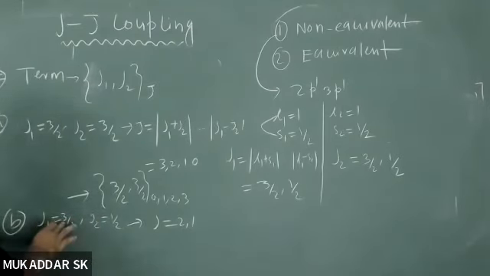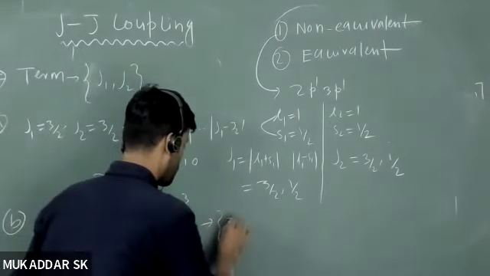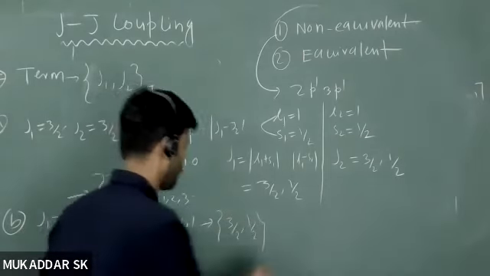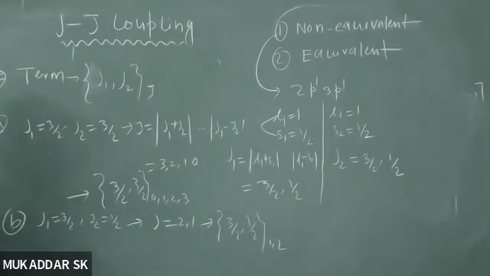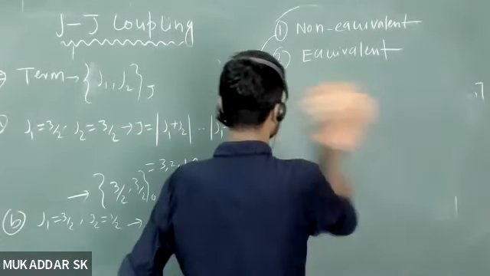And J1 minus J2, 3/2 minus 1/2, 2/2, will be 1. So there are two J allowed here, and the corresponding term will be (3/2, 1/2) with J equals 1, 2. Is this part clear? Yes. Okay.